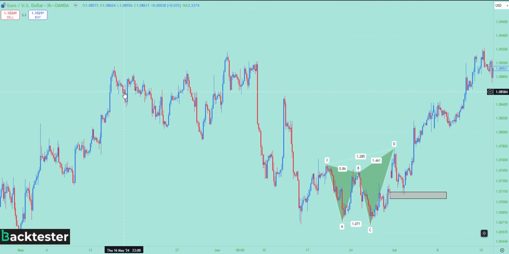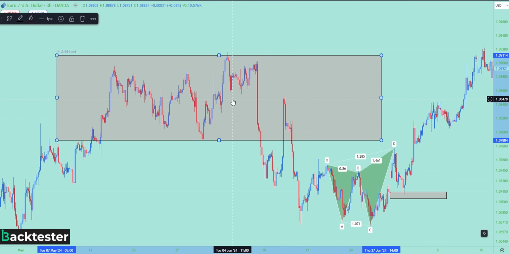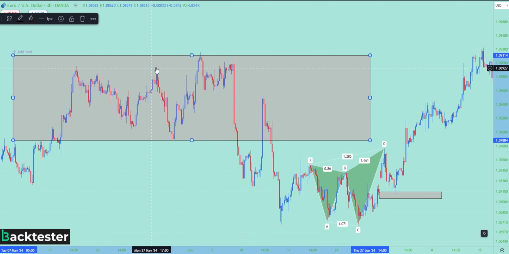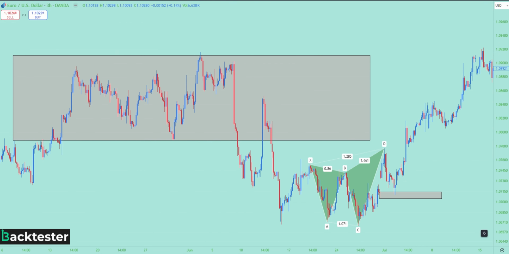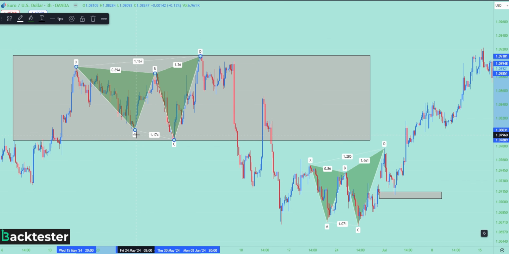If we look closely, then there is another W inside this short consolidation that actually changed the direction. So if we start drawing from here to here, remember C can be lower than A. It's B who cannot be higher than X or lower than A. So in this case we have a W pattern that actually reversed the market.